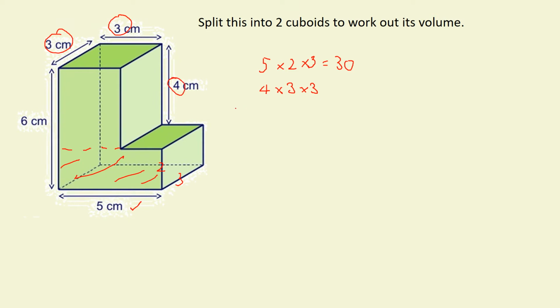They're the ones that come into play there, aren't they? Okay, 4 3s, 12 times by 3 is 36. So it's a little bit bigger, that one, isn't it? Overall, 66 cubic centimeters. All right, so even when the shapes aren't exactly cuboids, we can sometimes split them up into cuboids, and we're done. Okay, so that's quite nice.